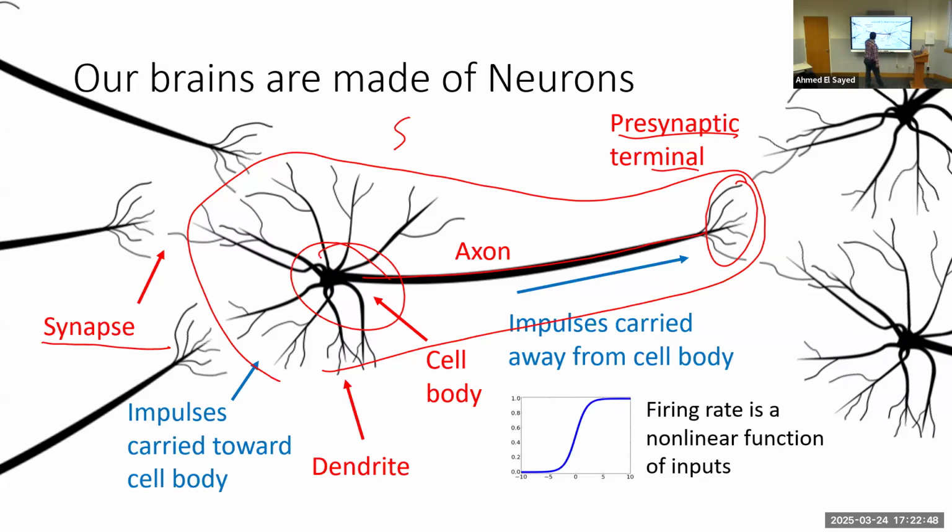So this is the cell, this is the axon, these are the synapses, this is the presynaptic terminal. Those synapses receive the signal from the previous stage, then process it inside the cell body and produce some signal or output to the axon that can be sent to the next stage.